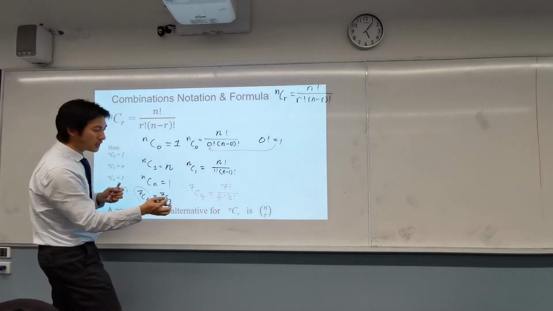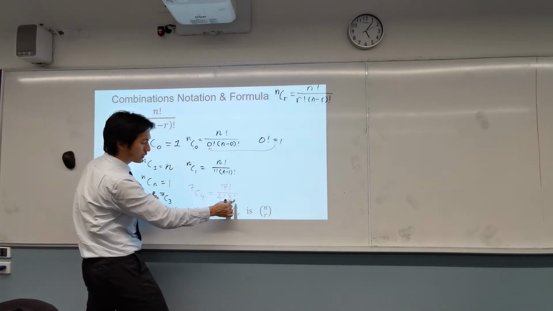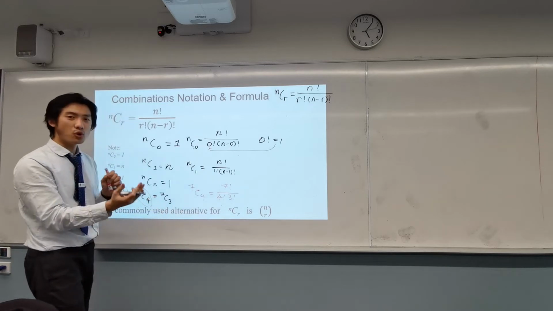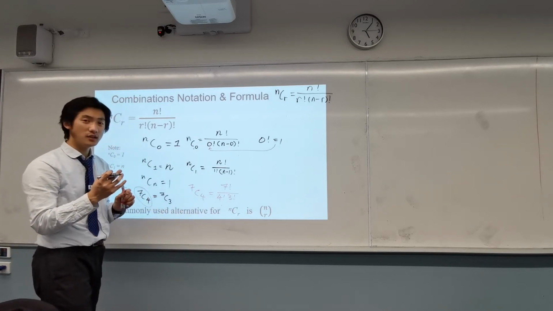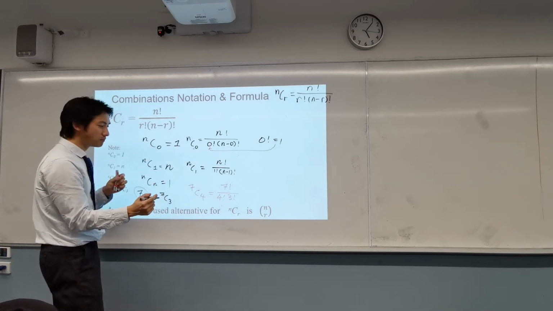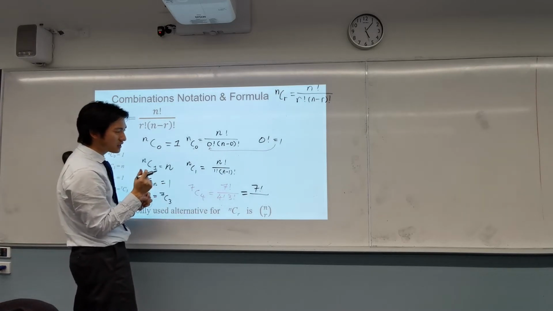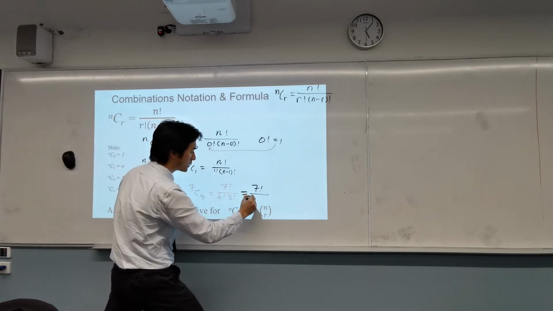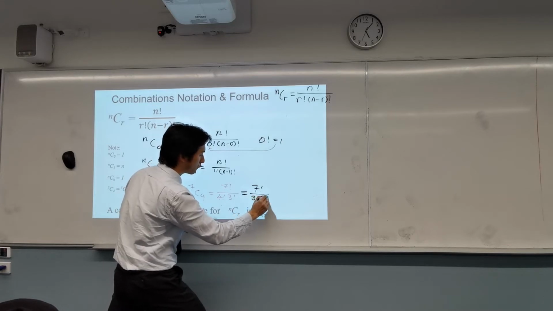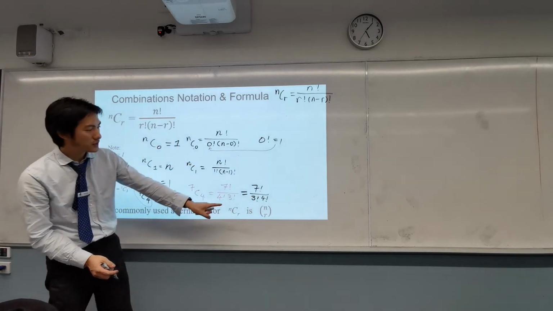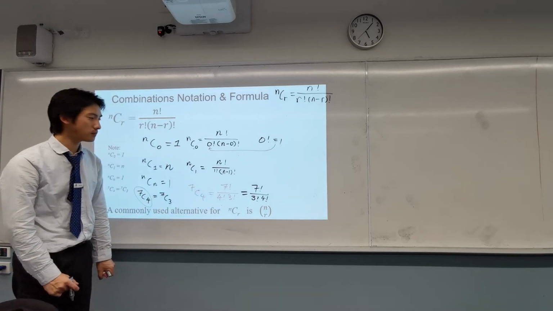The key fact is to notice that 4 factorial and 3 factorial are being multiplied together, and with multiplication, you can do it in any order. So I can as easily write it as 7 factorial over 3 factorial times 4 factorial. I've just switched the 3 and the 4.